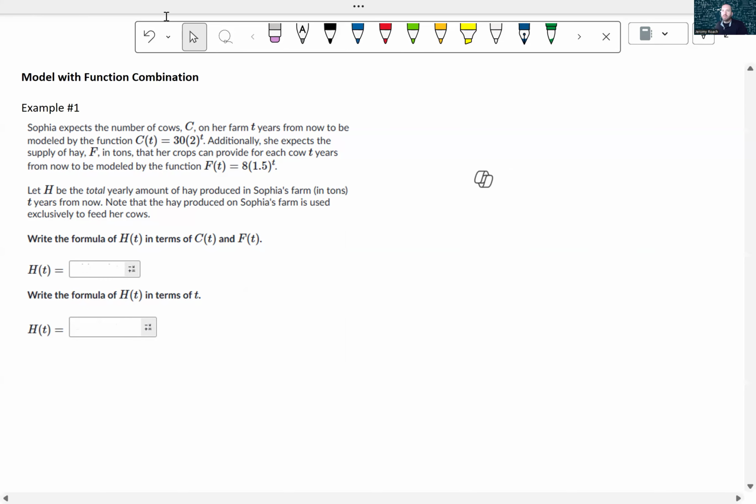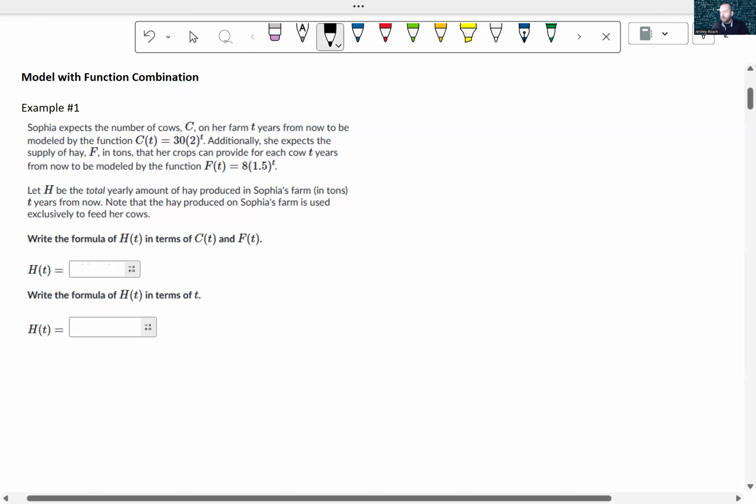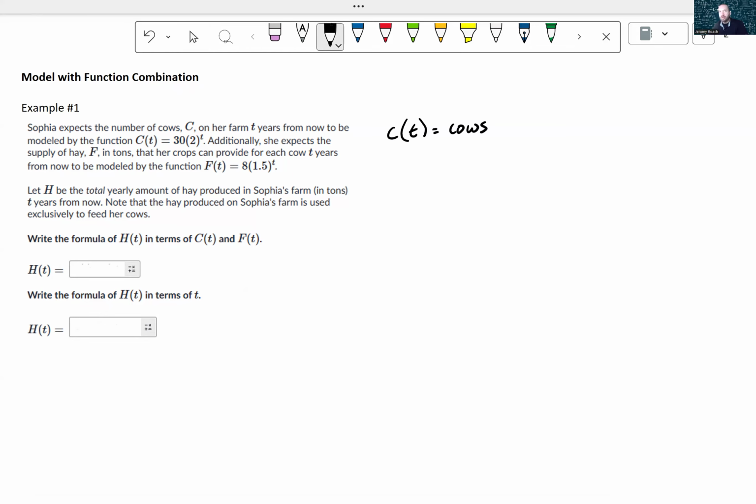So when I first saw this problem, I thought it was quite challenging because we have to identify what C of T, F of T, and H of T is representing in terms of the variables. So first of all, let's start with that then. So C of T, that's just the cows. That's just how many cows are on the farm. F of T, this one's a little bit more challenging to identify what it is.